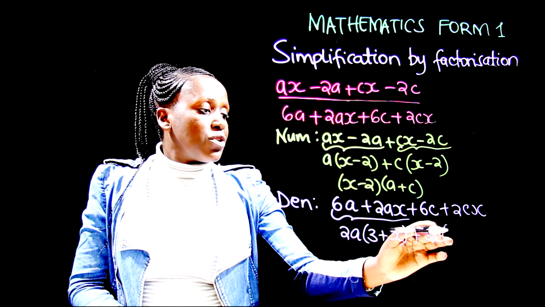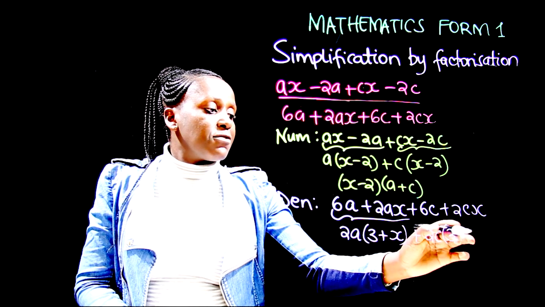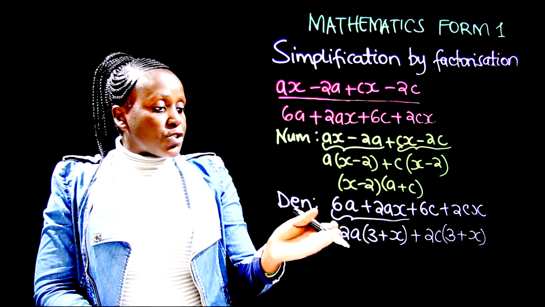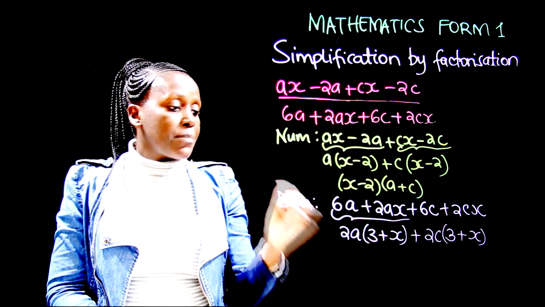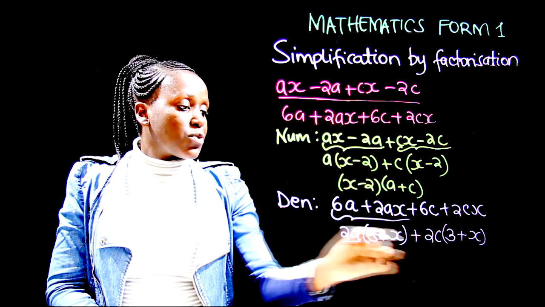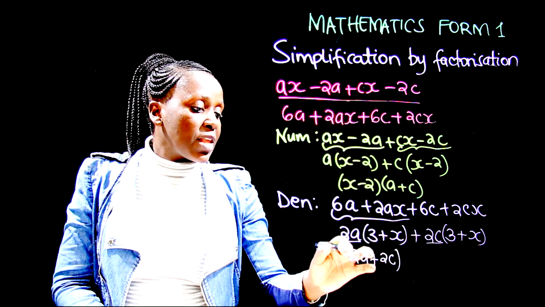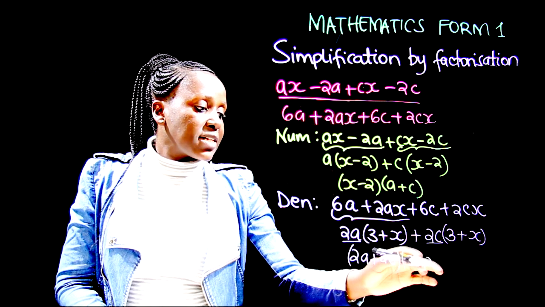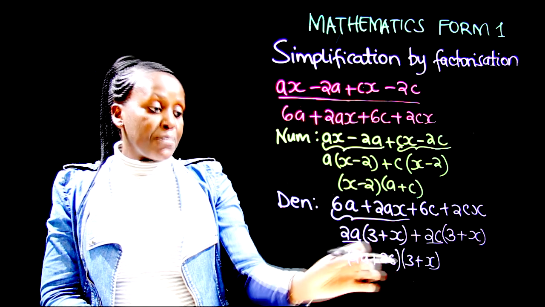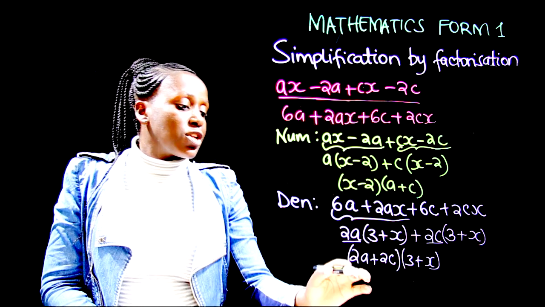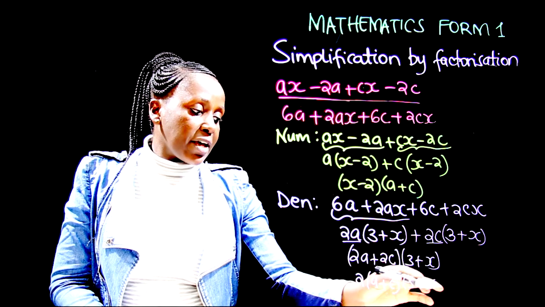So 6 divided by 2 is 3. Plus, since 2c is outside the bracket, we will have x alone. So now 3 plus x is a common factor. So it is being multiplied by 2a plus 2c. 2a plus 2c multiplied by 3 plus x. Now if you look at this, you notice that we can factorize this further because 2 is common. So this will be 2 into a plus c, then 3 plus x.